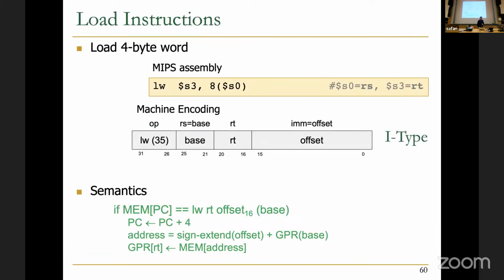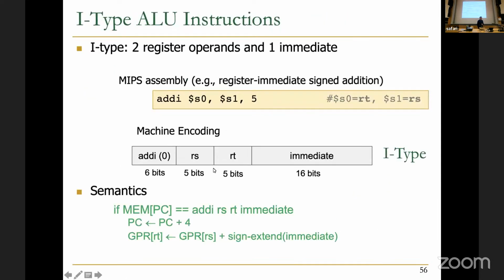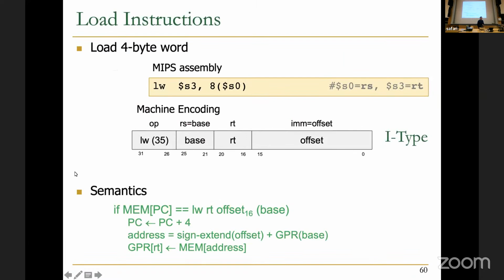We're going to start with the load instruction. If you remember, load word in MIPS is actually an I-type instruction. It's going to be very similar to I-type add, except instead of add, we'll have the load opcode, a base register, and then we still have the offset or immediate.